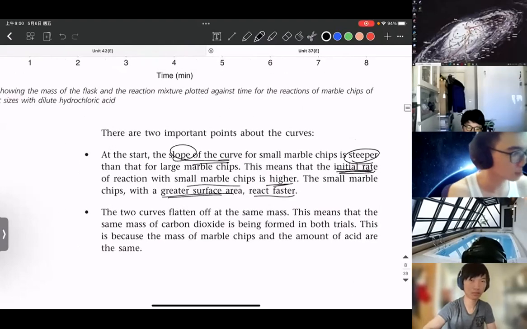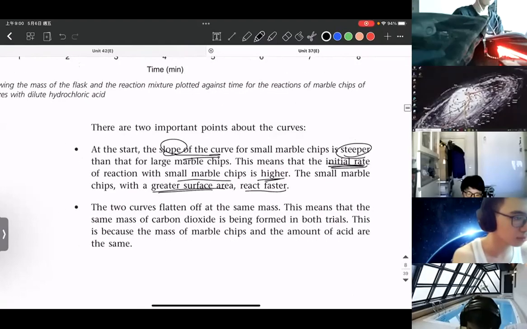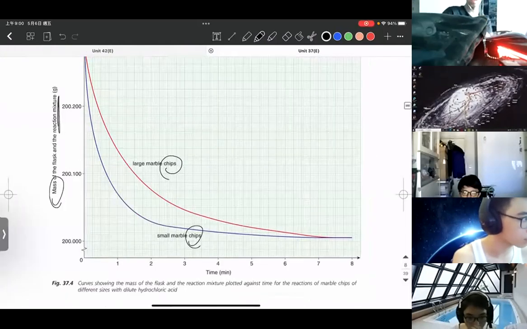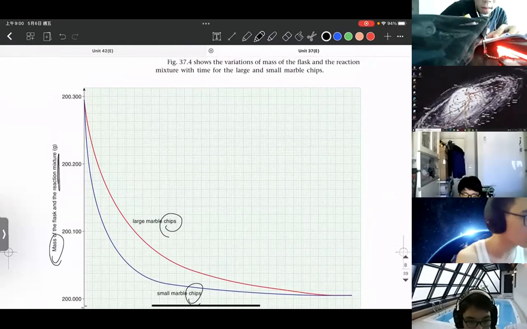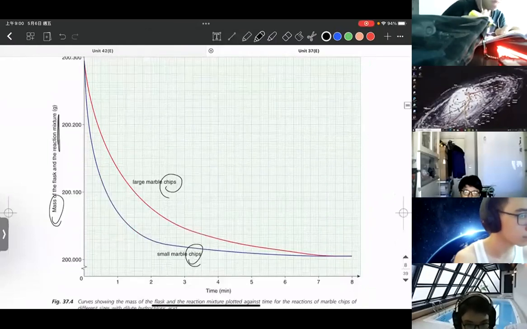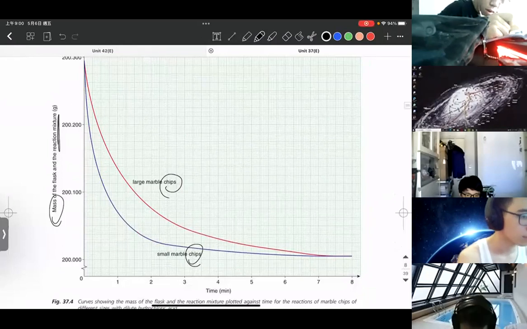So how would you analyze this? Analysis is from checking the shape of the curve, the dropping trend, and you may find that the small marble chips drop faster than the large marble chips. Can you get my point?